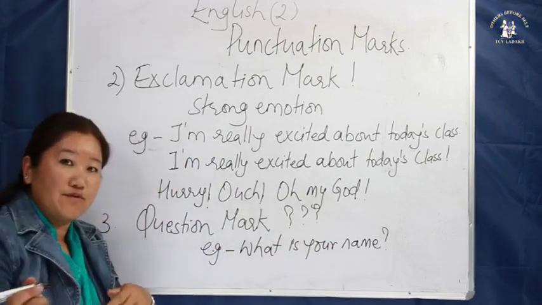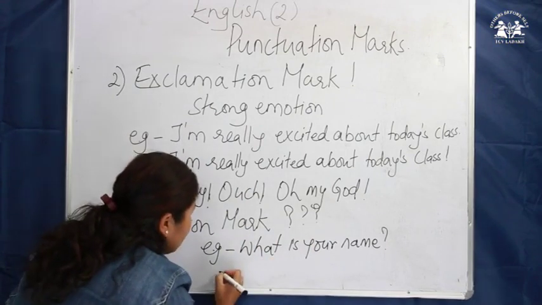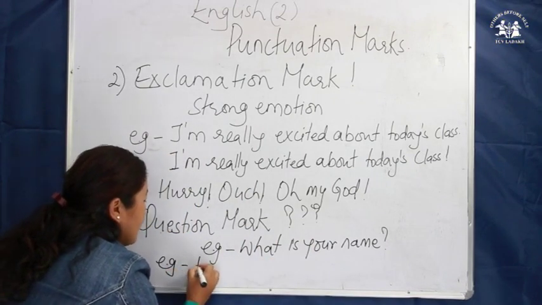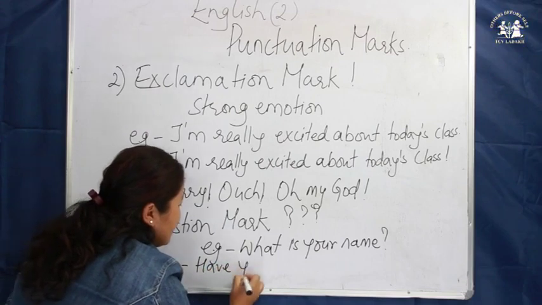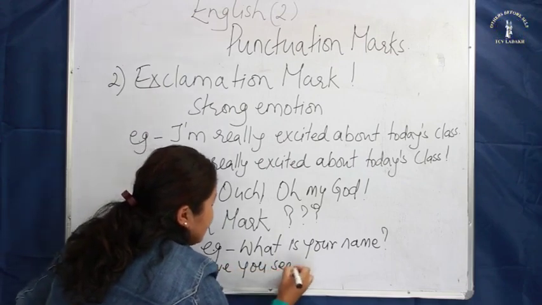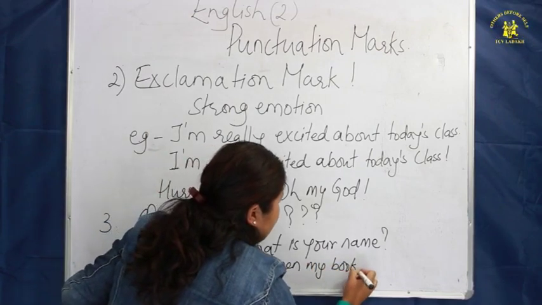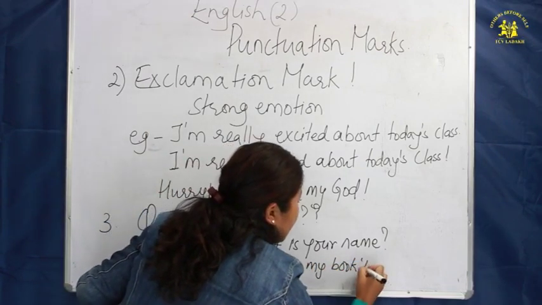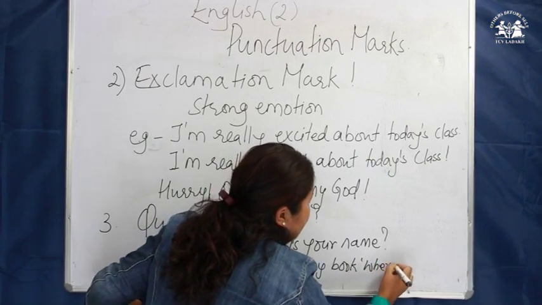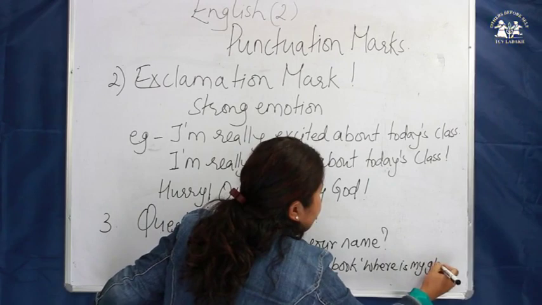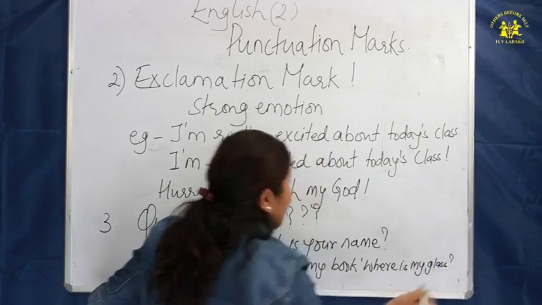Or there's another confusion. For example, have you seen my book? Okay, in inverted commas, Where is my Glass? And then you have a question mark.